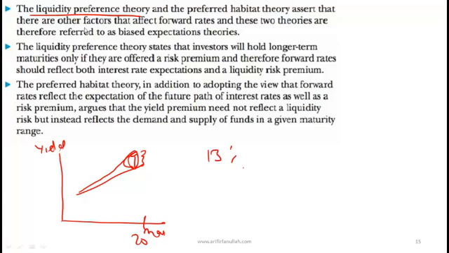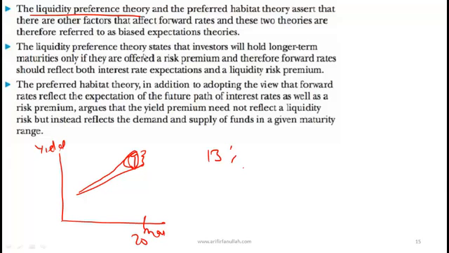Now, if we believe in the liquidity preference theory, will the forward rate be 13%, more than 13%, or less than 13%? It will be more than. So the point is, the forward rate will be more than 13% if you believe in the liquidity preference theory, because we are saying that there is going to be a premium built in. Okay, so that's your liquidity preference theory.